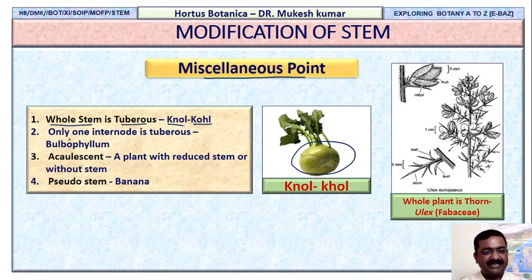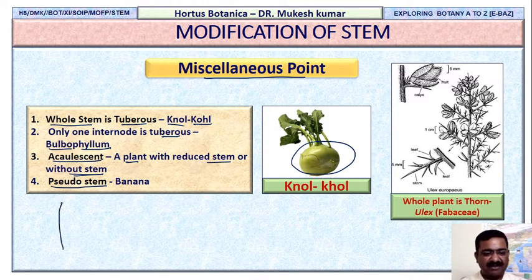Now second is only one internode tuberous stem. This is called Bulbophyllum. Isn't it? Third, acaulescent. Acaulescent means a plant with a reduced stem or without a stem. Another, we have the pseudostem. It appears like a stem, but it is not a stem.